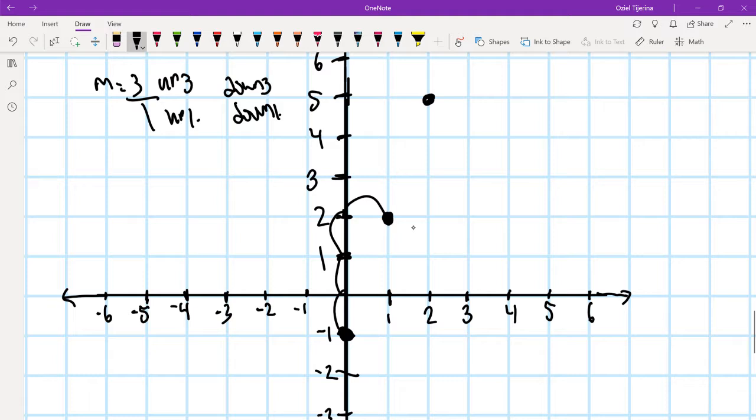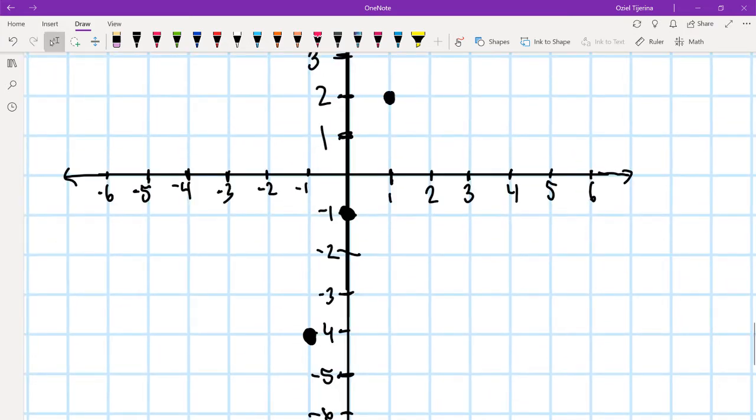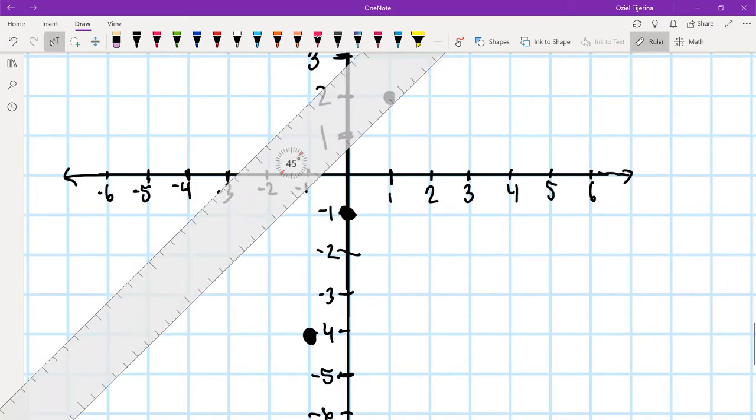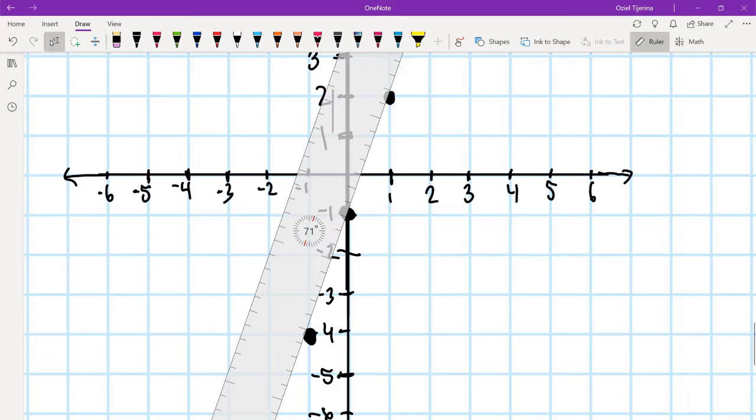So now that you're done with that, you can go ahead and trace the line. So you would say it would be something like this.